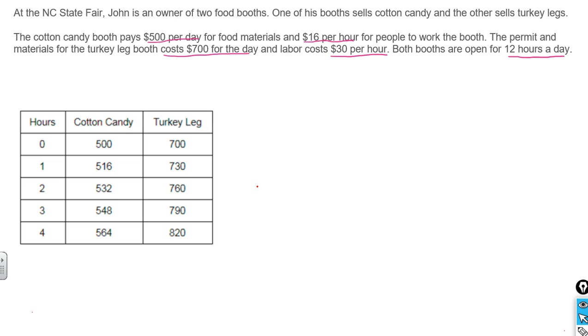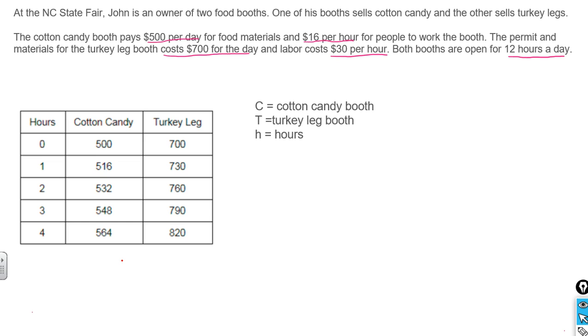So this is what it would look like when we model this with a table. We can see that our independent variable is our hours, and our dependent variable would be the total cost per day in dollars. So if we define our variables, we let C represent the cotton candy booth and T represent the turkey leg booth, and H would represent our hours.